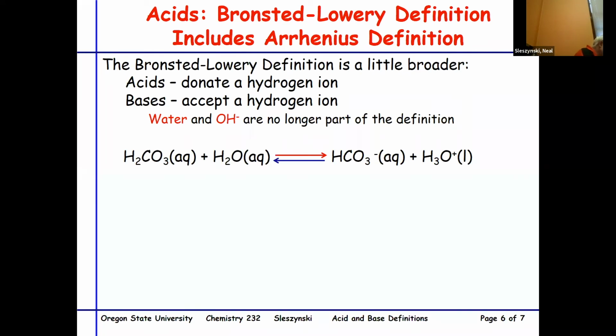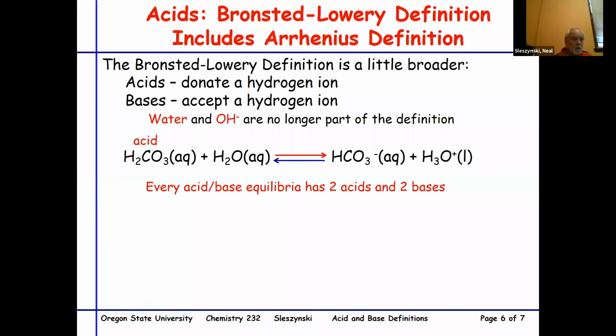If we take a look at an acid-base reaction like the one shown here between carbonic acid and water, the first thing to consider is that every time we look at an acid-base equilibrium like this, both sides of the reaction include an acid and a base. So every acid-base equilibrium has two acids, one on the left-hand side and one on the right-hand side, and two bases, one on the left-hand side and one on the right-hand side.